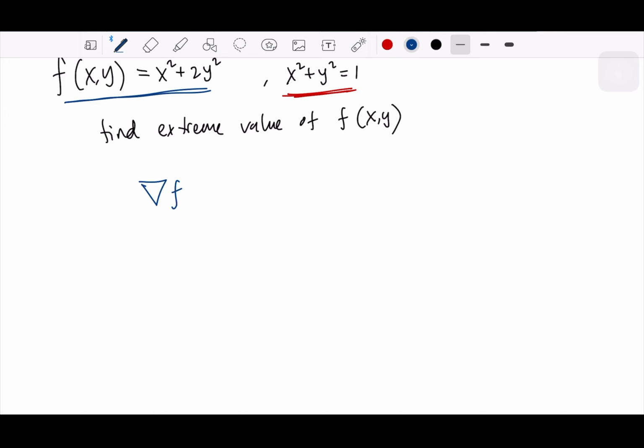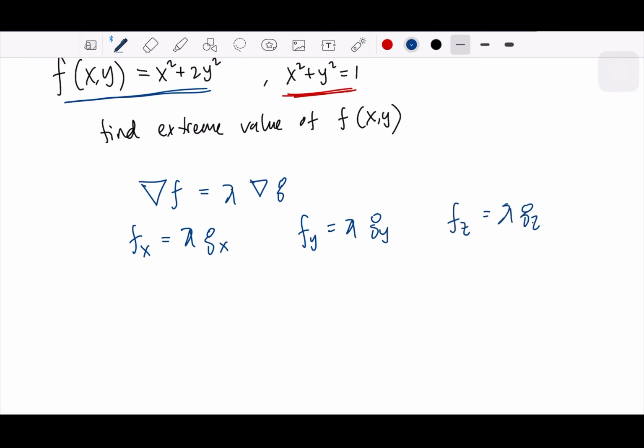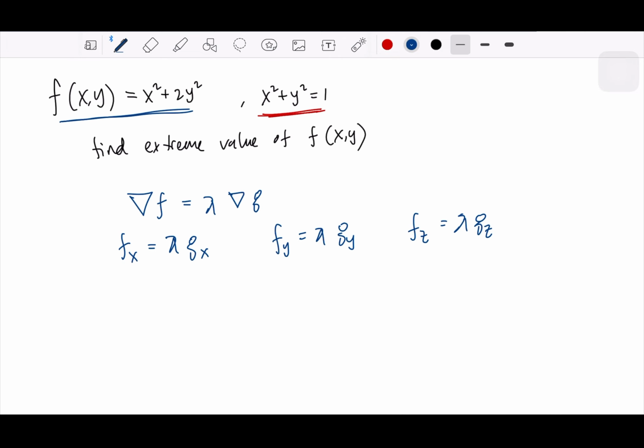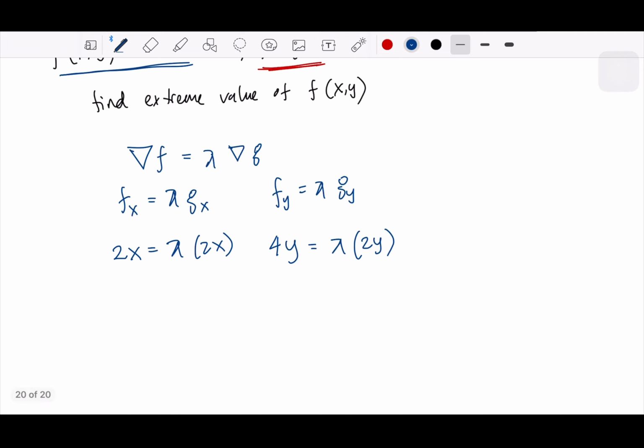We are going to take our Lagrange. So take the partial x, partial y, partial z. Oh, sorry, no z. Okay. From here, we got that lambda is just 1.